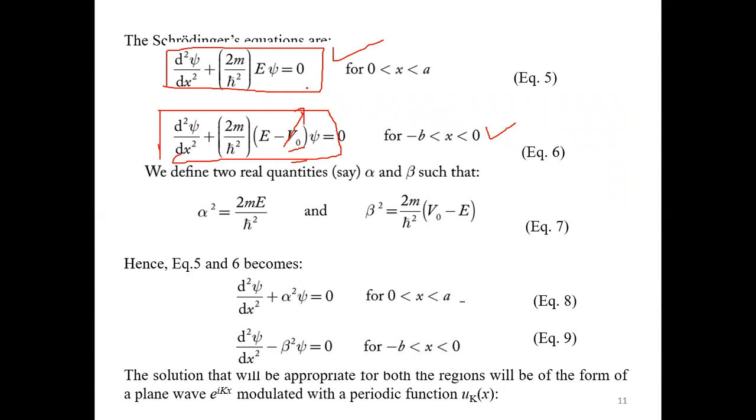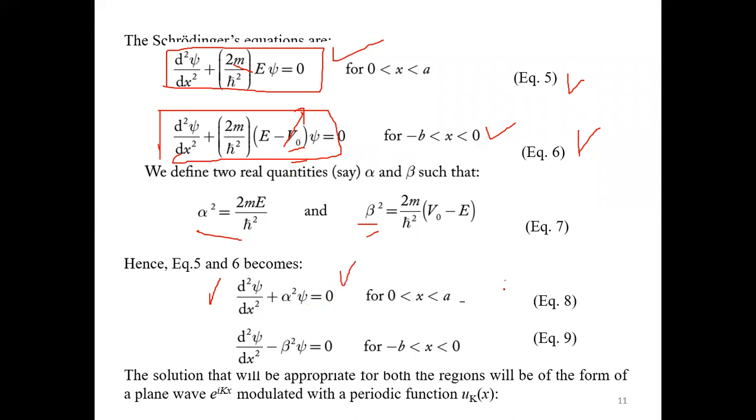Now we can simplify equation 5 and equation 6, choosing 2m_e by h-bar squared as alpha squared, and 2m_e (E minus V naught) by h-bar squared as beta squared. If we choose this, equation number 5 will become d squared psi by dx squared plus alpha squared psi equal to 0.